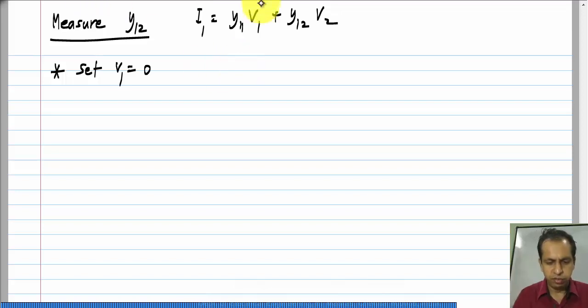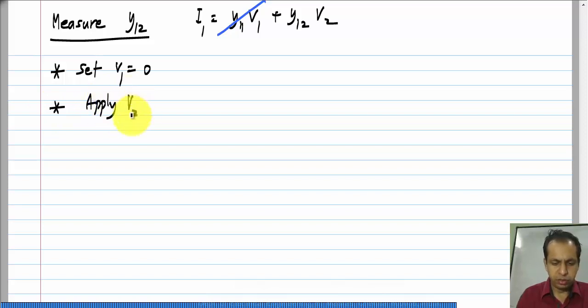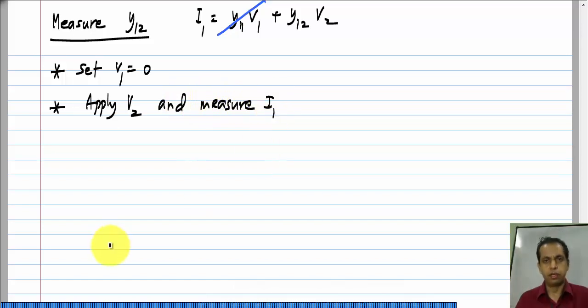So, if you set V1 to 0, this term disappears and you will have only the term containing y12. Then you apply V2 and measure I1.